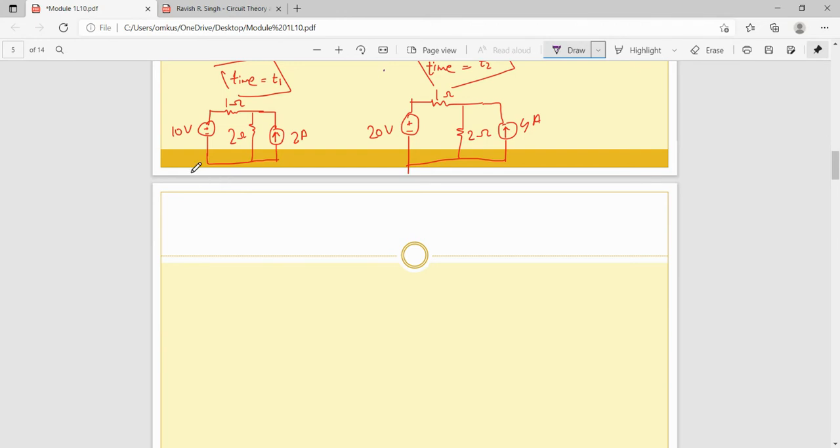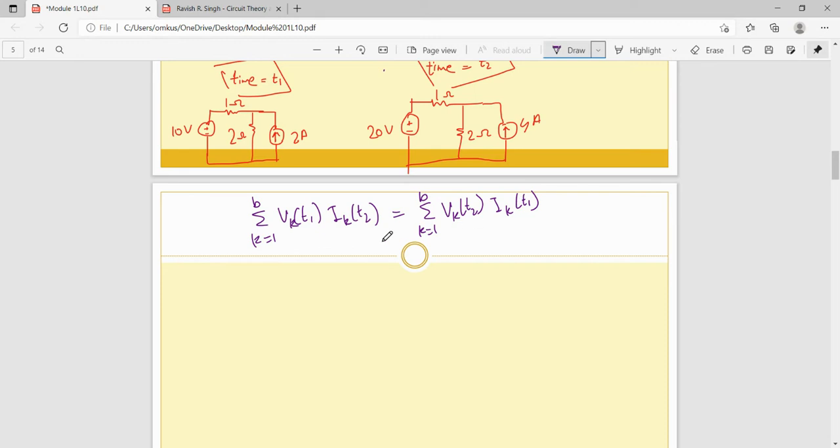Now first of all, for the T1 circuit, I write the equations here. Summation of k equal to 1 to b of v of k at T1 into i of k at T2 is equal to summation of k equal to 1 to b of v k at T2 into i k at T1.